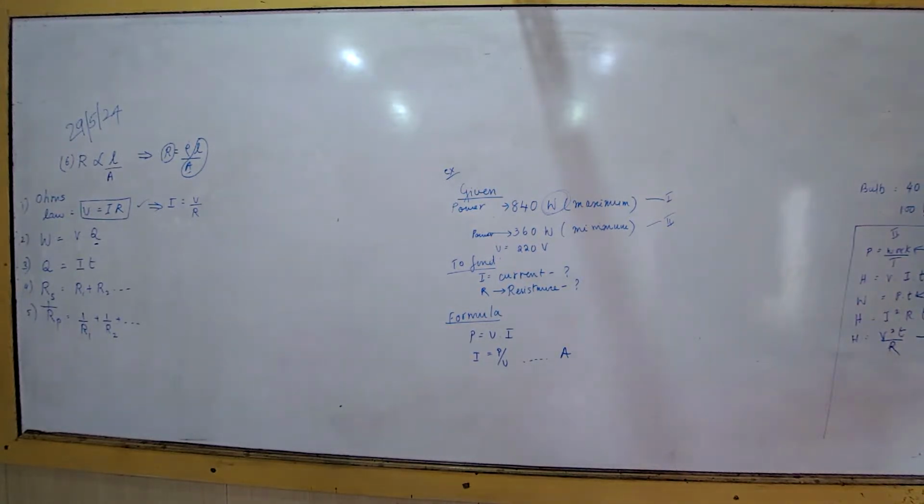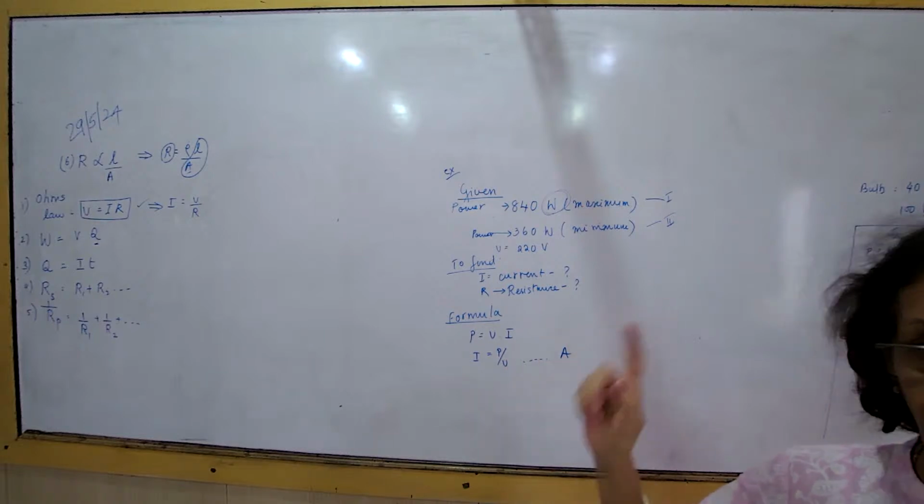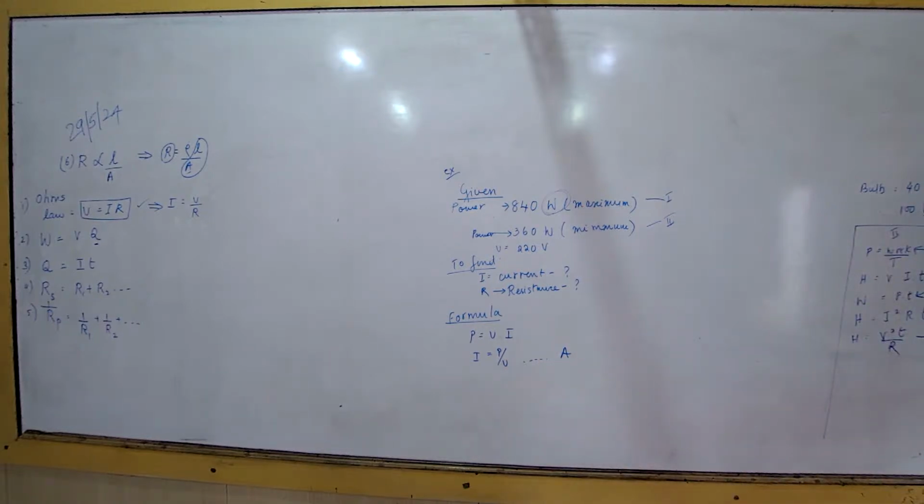I want to see your long division there. 3.81. See the next digit, then you can correct it up to the second digit. 3.82 will not come, 3.81 something will come. 3.81 recurring.